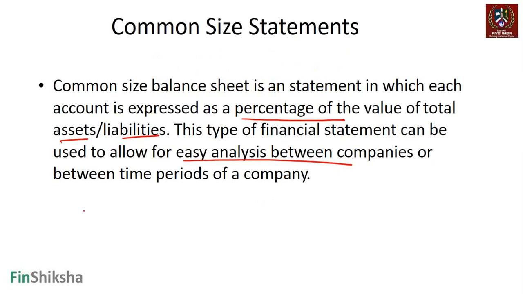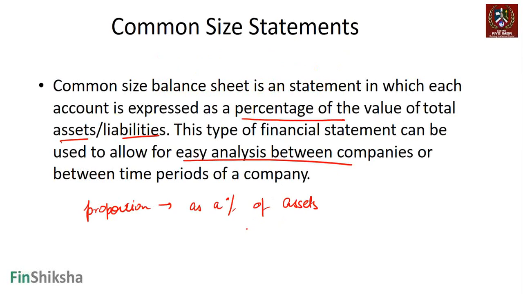We are saying every header is expressed as a proportion, a percentage of either total assets or total liabilities. Remember, assets and liabilities are going to be the same. So you could divide everything by total assets and you could divide everything by total liabilities, and that works fine. All you have to do is take each header and divide it by the assets number of that year to get to the common size statement. So that's the broad construct of how you look at common size statements.